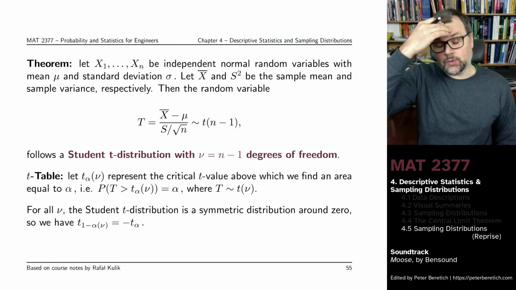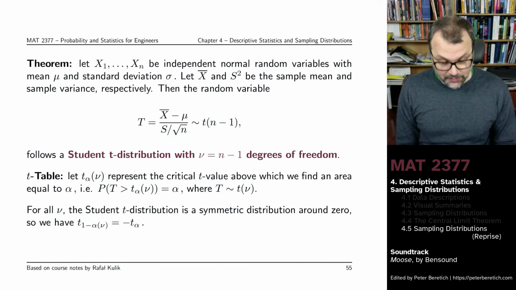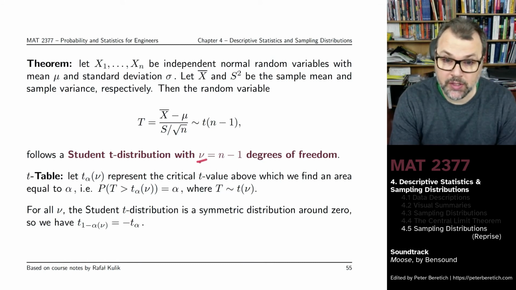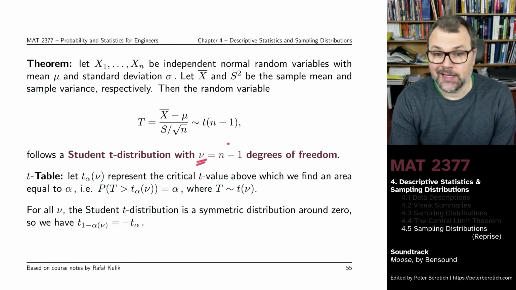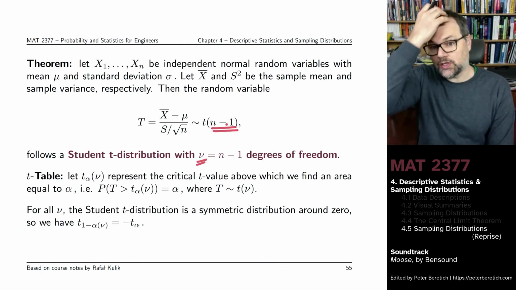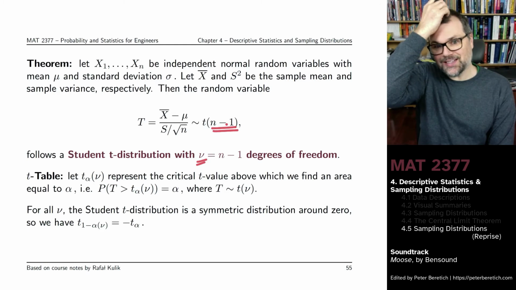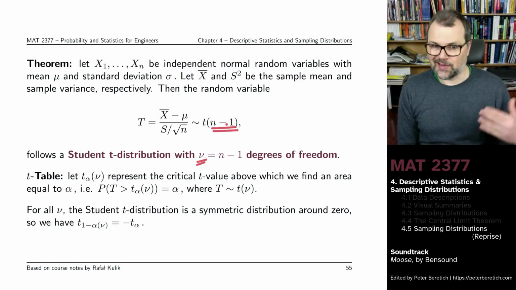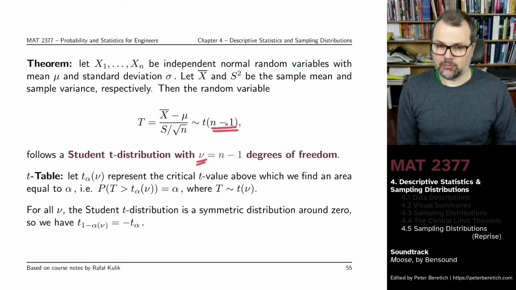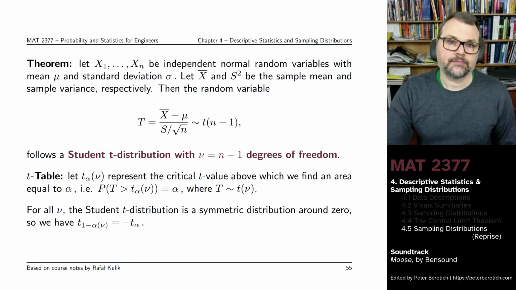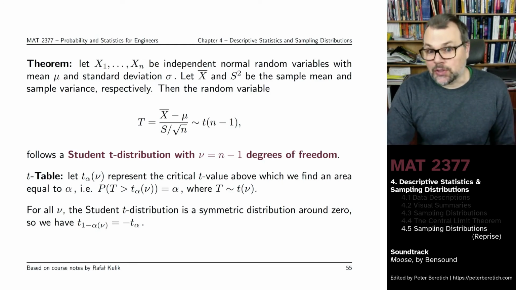One thing I want to emphasize is that the number nu here, the degrees of freedom, is the number of observations minus 1, right? You're losing 1 degree of freedom because you have used your sample to estimate extra parameters along the way. In practice, this is what you should be using.